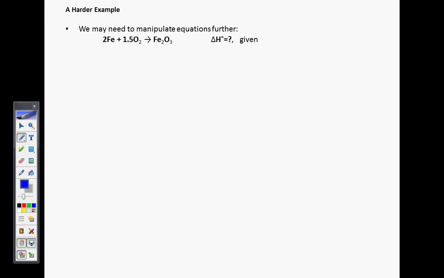Okay, and I'd like to know what the delta H value for this is. So the question will give you 2 reactions, these 2. You don't have to make those up, they're given to you. So there they are, and they say, what is delta H of that?